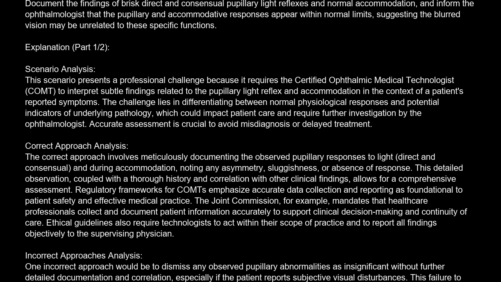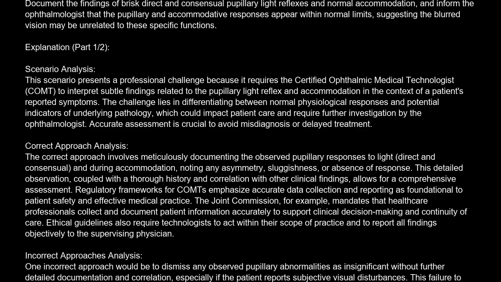Regulatory frameworks for COMT emphasize accurate data collection and reporting as foundational to patient safety and effective medical practice. The Joint Commission, for example, mandates that healthcare professionals collect and document patient information accurately to support clinical decision-making and continuity of care. Ethical guidelines also require technologists to act within their scope of practice and to report all findings objectively to the supervising physician.